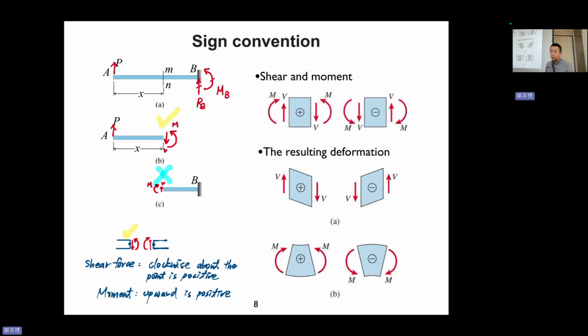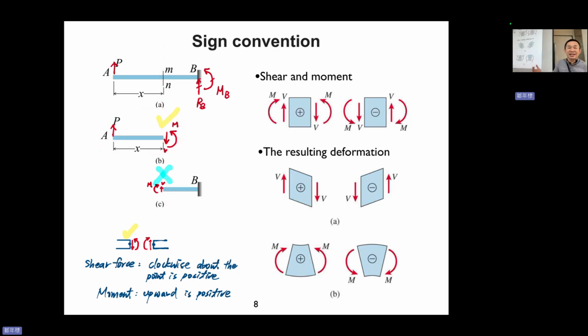So for this point, the shear making a clockwise rotation about the point is positive. And moment upward is positive. But I just want you to know that you need to draw the value based on cutting it and keeping the left-hand side.